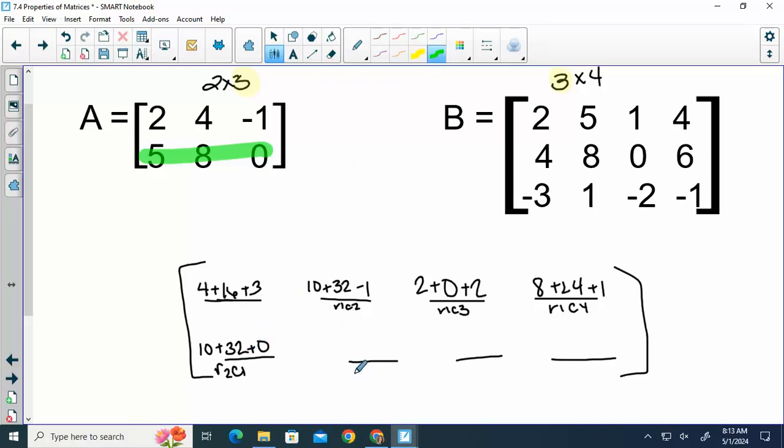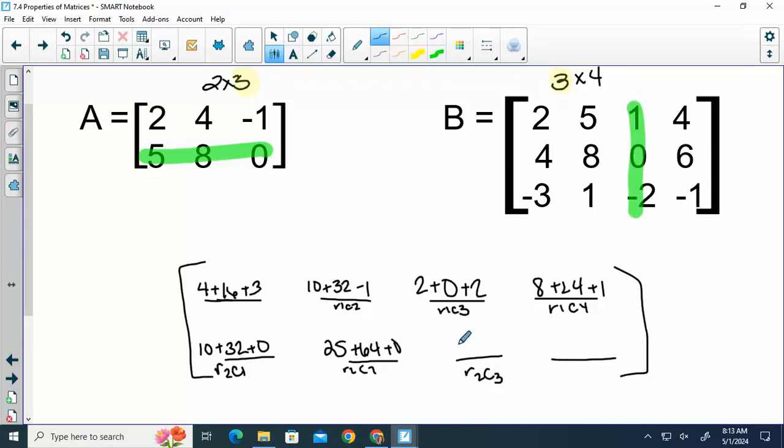So this is row 2, column 2, so I take row 2 times column 2. So we get 25 plus 64 plus 0. Then we have row 2, column 3. So the second row times the third column.